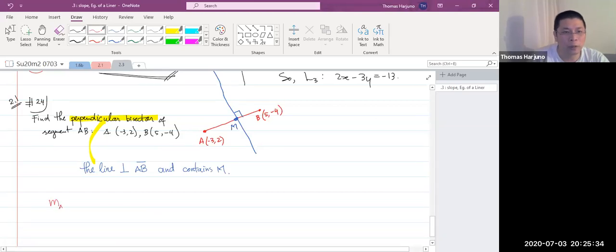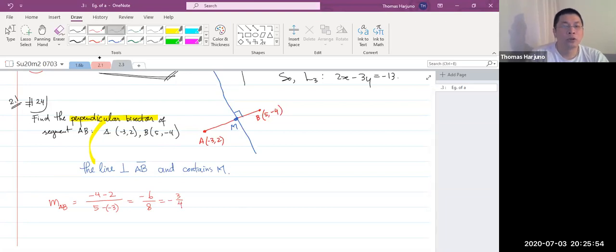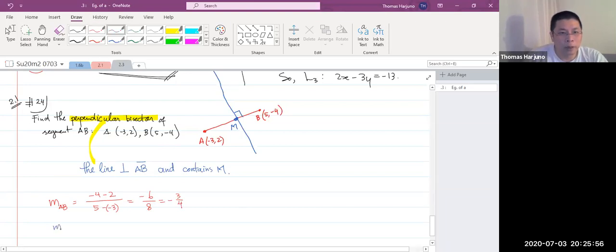The slope for AB will be y2 minus y1 over x2 minus x1. So the slope of the perpendicular line must be 4 over 3.